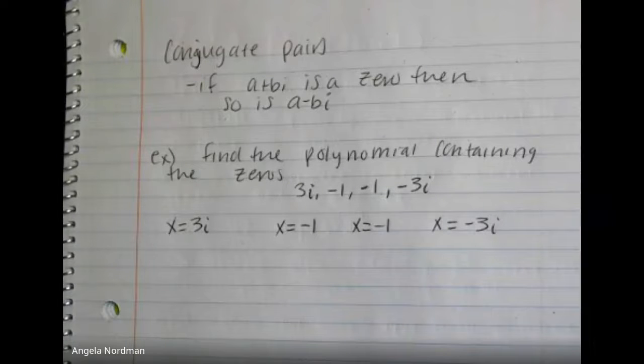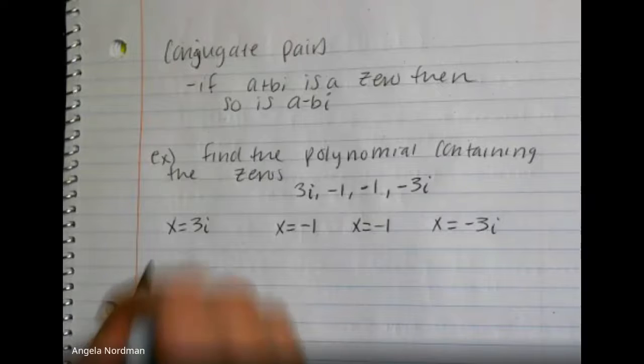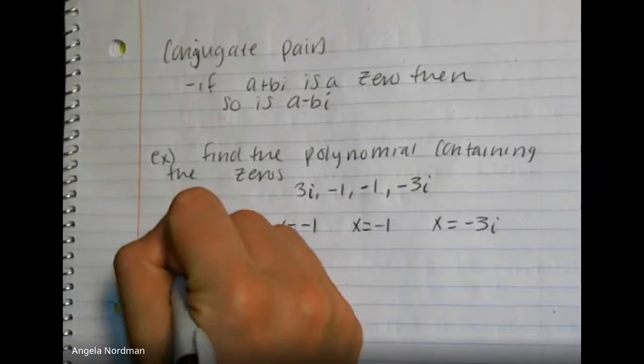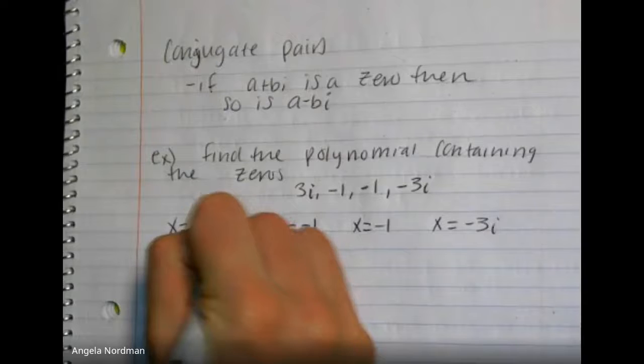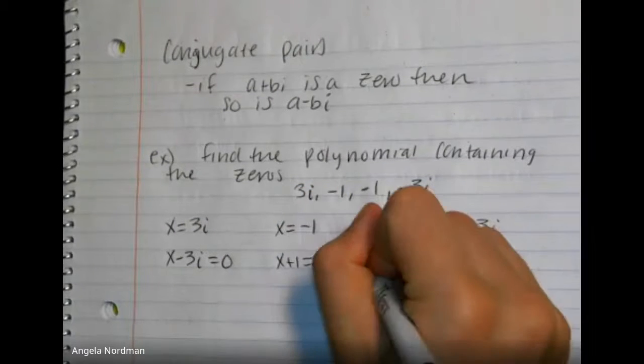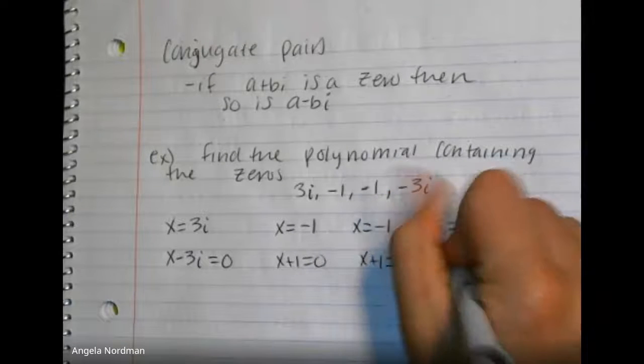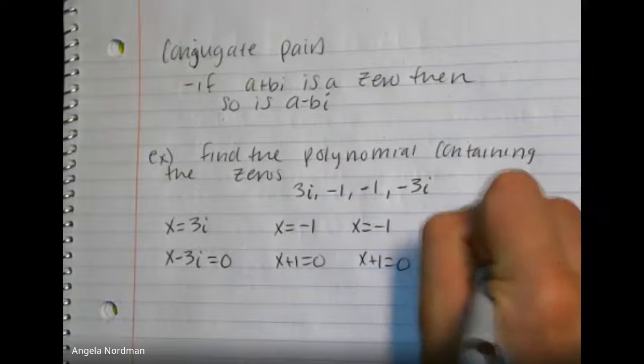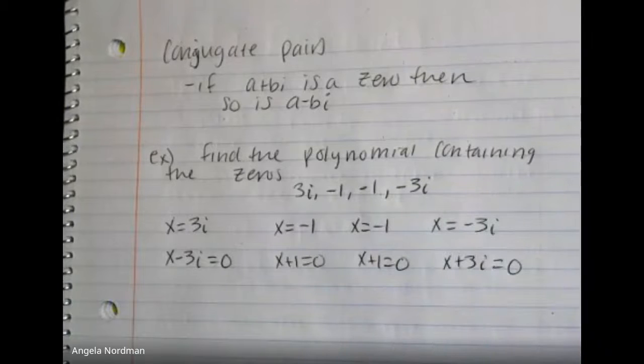Second step is getting them each set equal to 0. So that would be subtracting over 3i, so x minus 3i, adding over 1, x plus 1 equals 0, x plus 1 equals 0, and adding over the 3i. So x plus 3i equals 0.